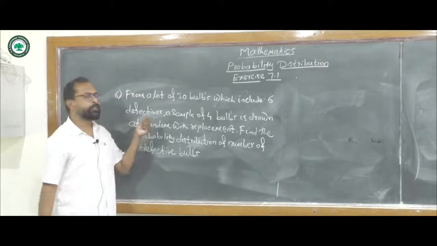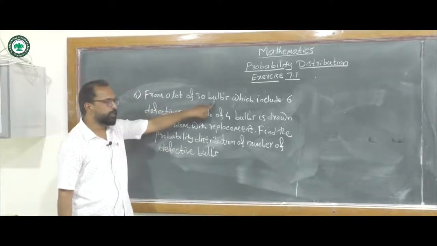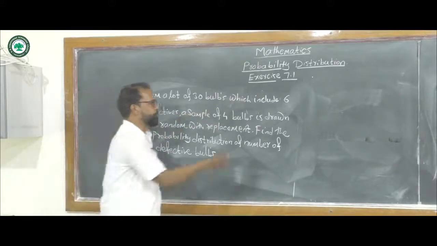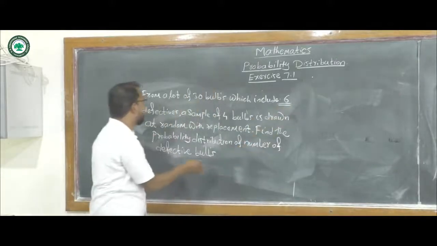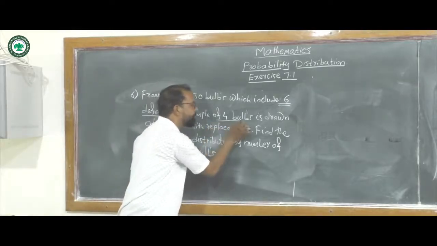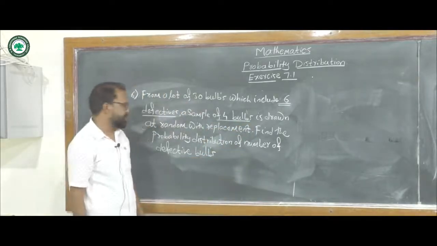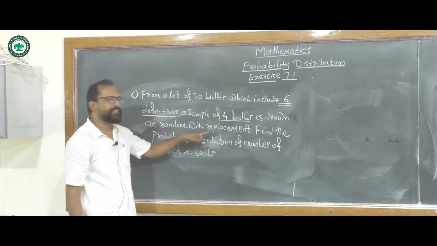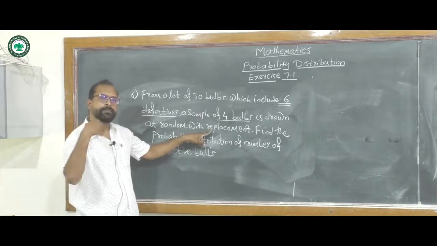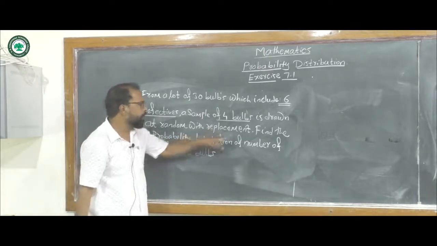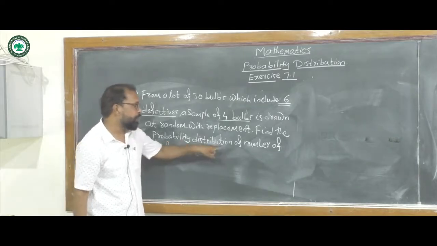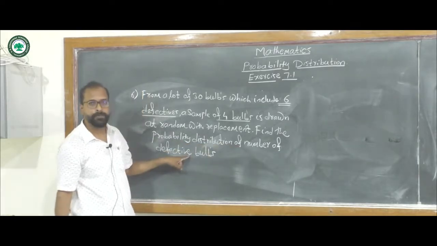Now question number 6 is, from a lot of 30 bulbs, which includes 6 defective bulbs, a sample of 4 bulbs is drawn at random with replacement. That is, when we select the 4 bulbs, we again replace them. Now find the probability distribution of the number of defective bulbs.